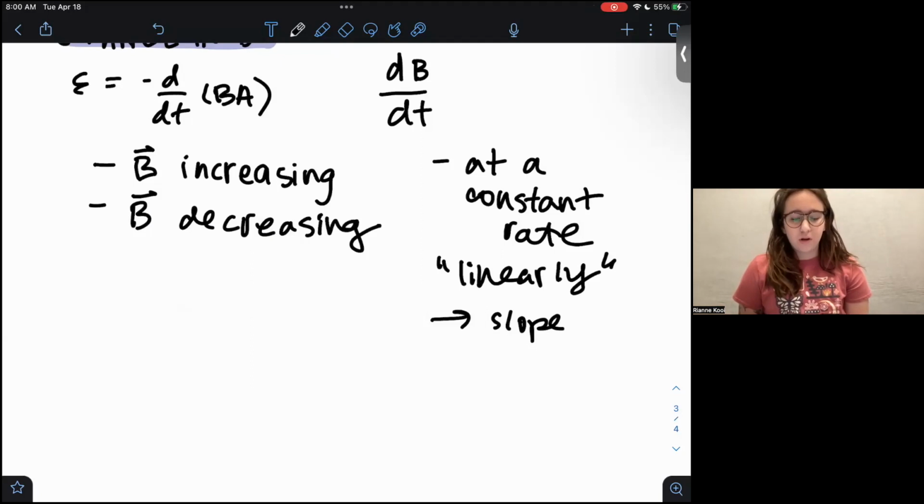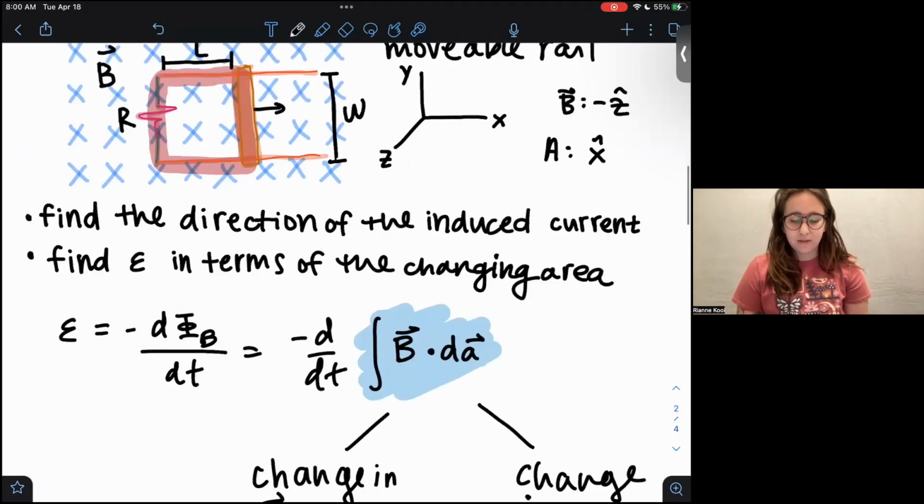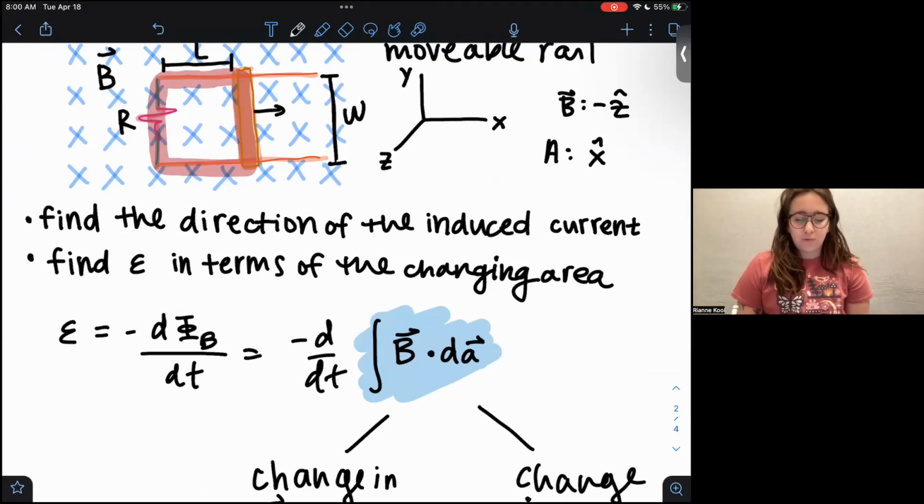Another important aspect of these problems is finding the direction of the induced current. That comes from Lenz's law. Lenz's law says that an induced electric current flows in a direction such that the current opposes the change that induced it.